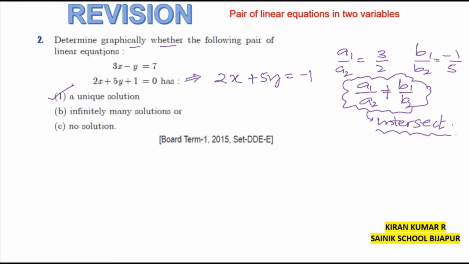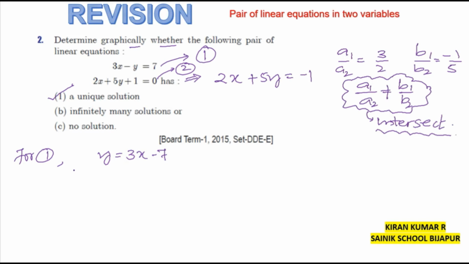So to plot the graph, you require x and y coordinates for both the equations. If I consider this as equation 1 and this as equation 2, for equation 1, we have y equal to 3x minus 7.